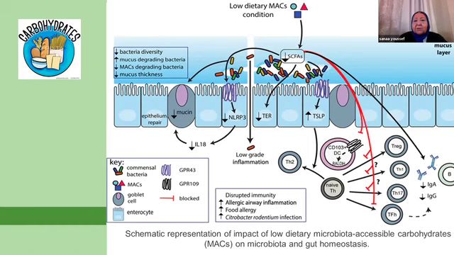This picture is just to give you an idea how a low dietary microbiota accessible carb intake is going to affect the integrity and the function of your GIT. Now, having no carbs or very low carbs is going to affect the bacterial diversity.